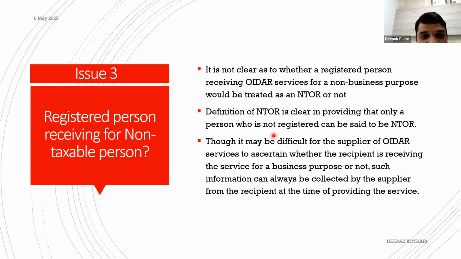When the profile registration happens, at that time we have to give basic email ID and phone numbers, and at that time they ask. Yeah, and if you are registered, they are not charging GST. If you are non-registered, they are charging GST. Correct. In one instance, I used Dropbox and they had charged GST. Later on, when I told them I'm registered and gave my GST number, they reversed their charge also. So that is the way OIDAR providers collect the information and determine whether it is to be taxed or not taxed.